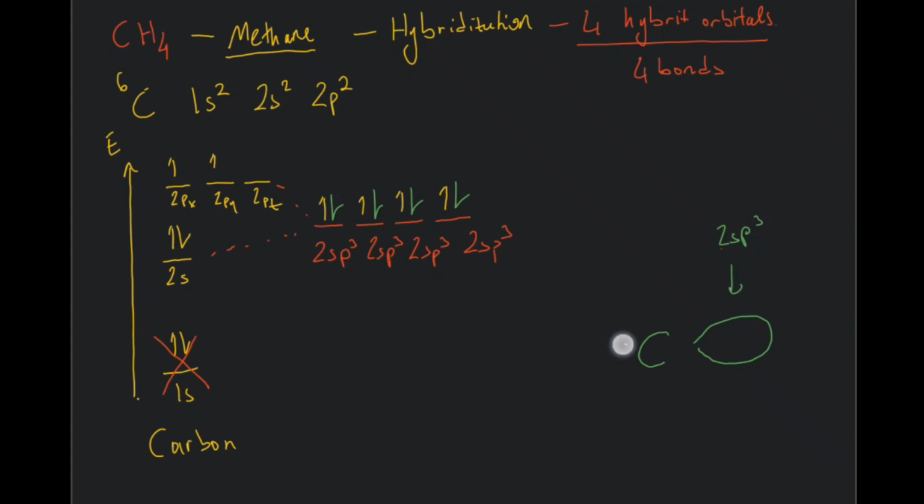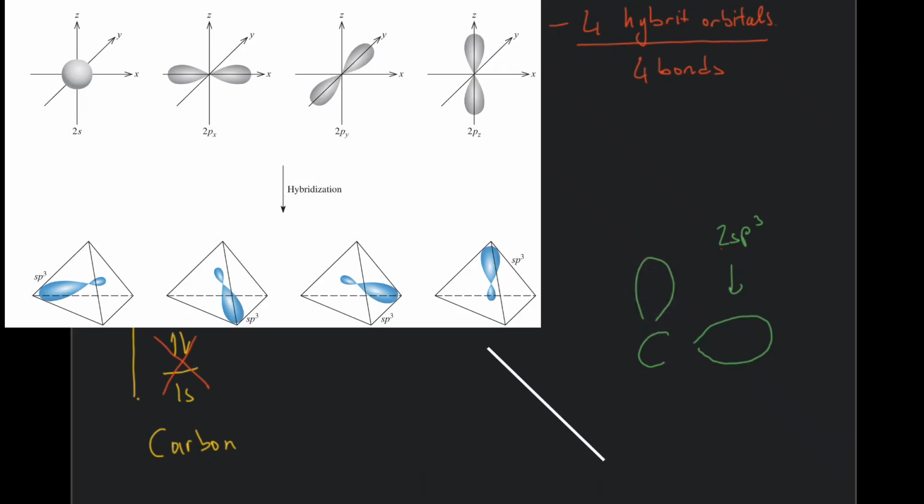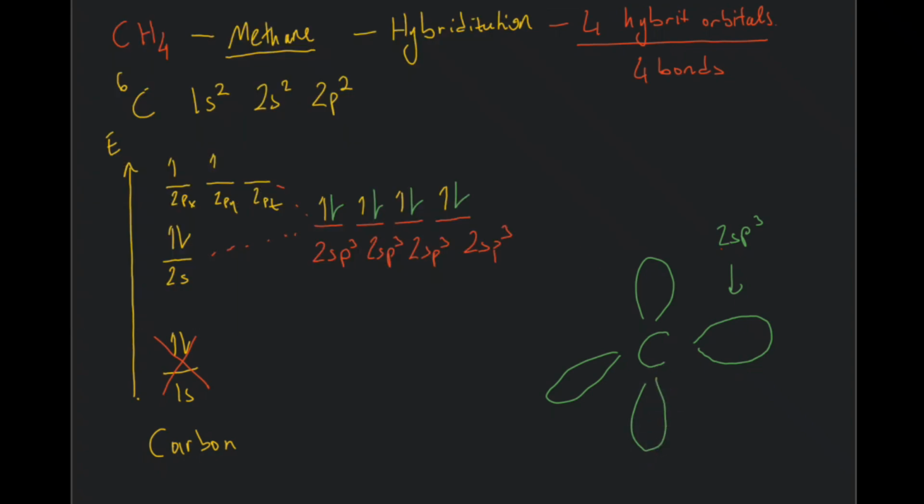Actually, there is another face here, a small one, but to make it clear, I will not draw the small face. And we have 4 of them. So we have 1, okay, and we have hydrogens, and this is the hydrogen 1s.